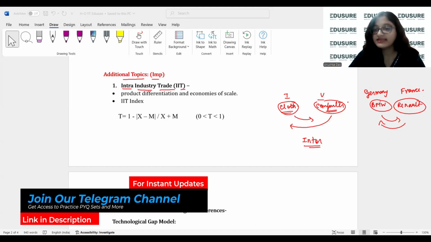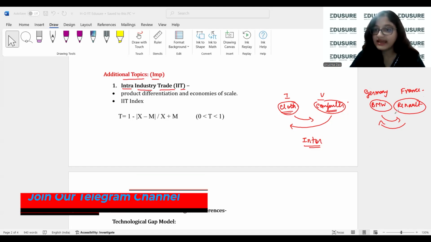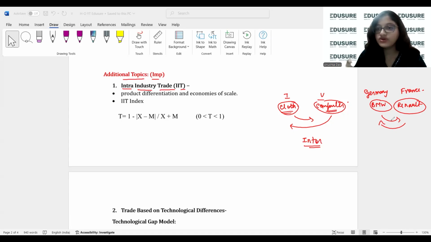Here the trading is happening within the same industry. Both goods are from the automobile industry. Both BMW and Renault are essentially cars, but they will have some different features. Product differentiation is very prevalent.